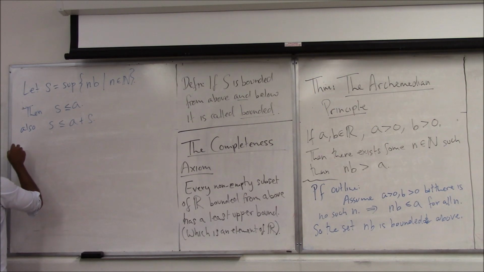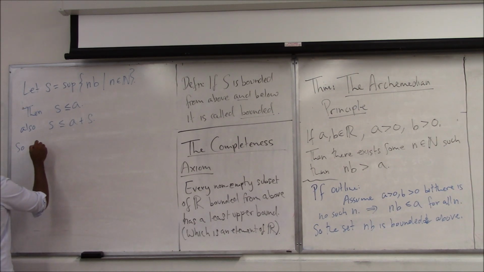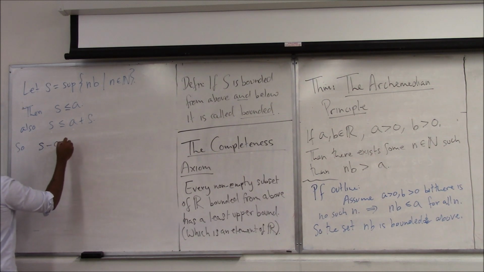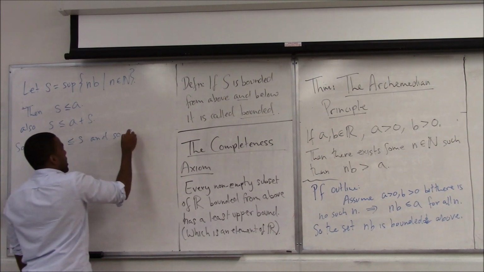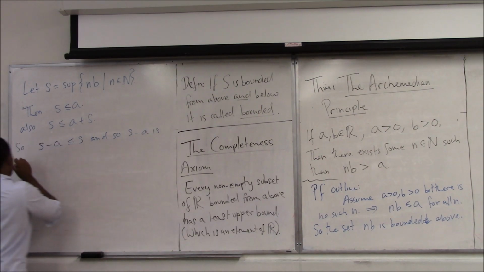And so where do we go from here? I'm rushing and I'm losing my thought because I'm rushing ahead in my head. Okay. So if that is the case, this means that S minus a is less than S, and so S minus a is not an upper bound.